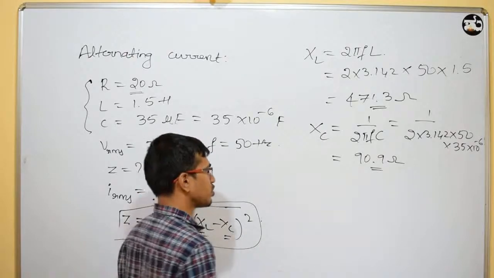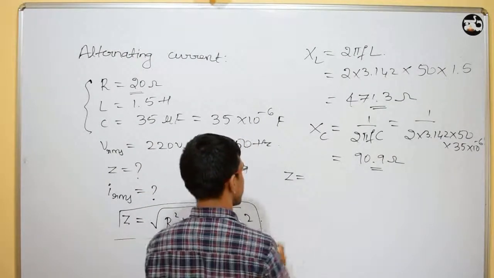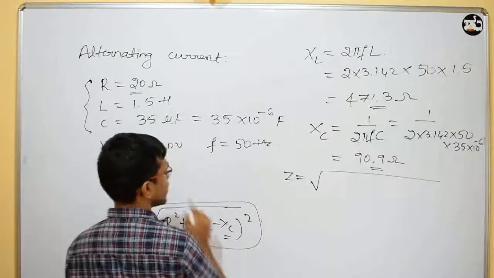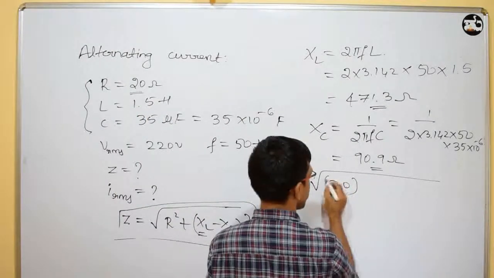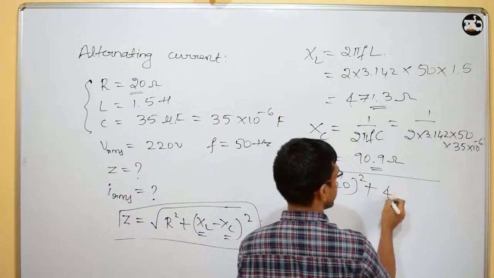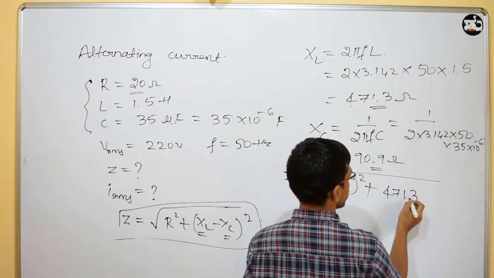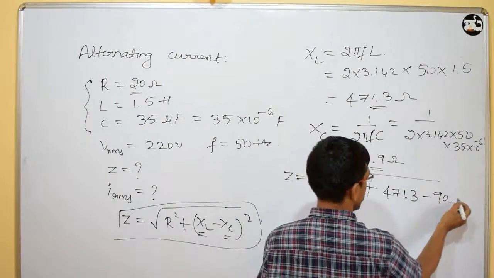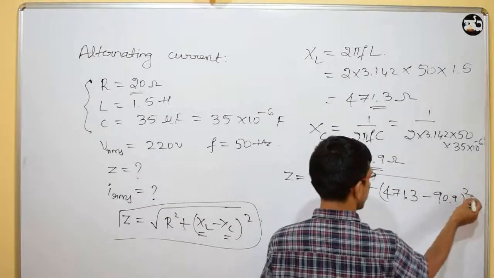So now try to substitute the values in the impedance Z. Z is equal to square root of R square, 20 square, plus XL minus XC, 471.3 minus 90.9, the whole square.